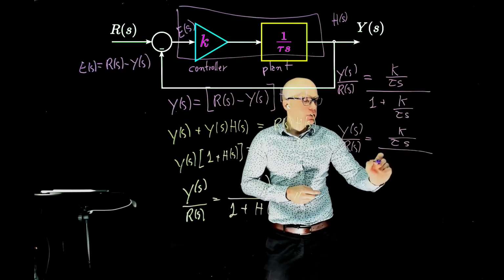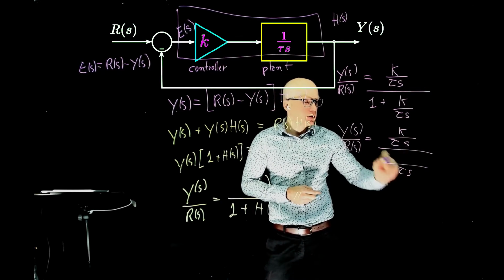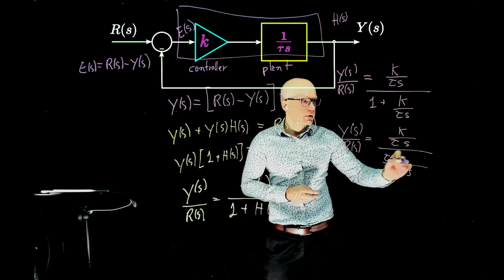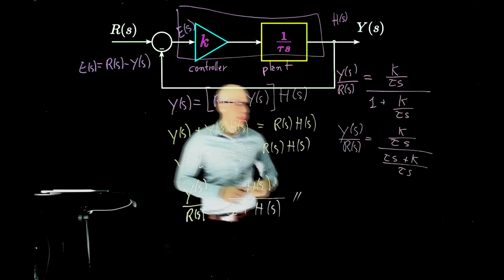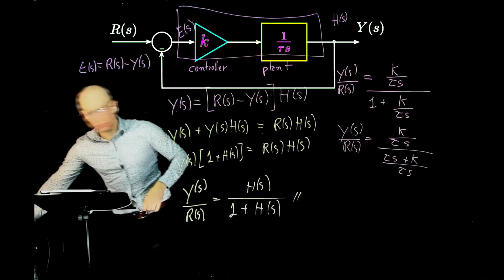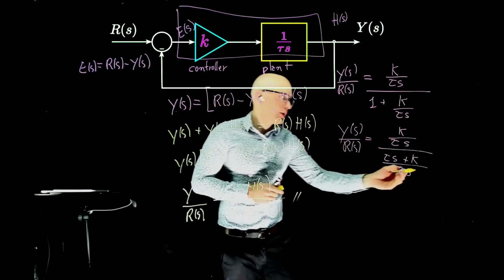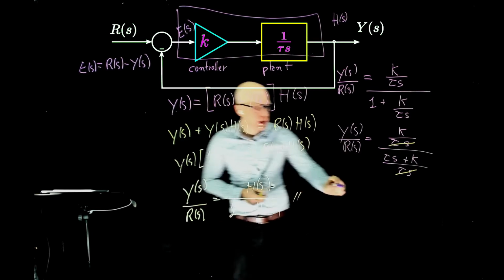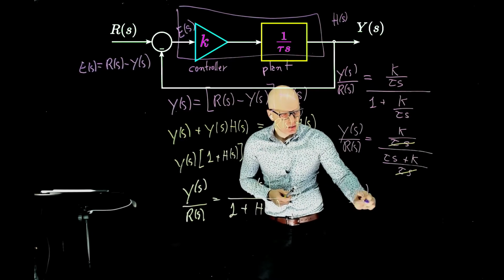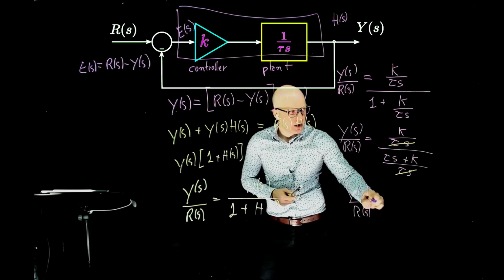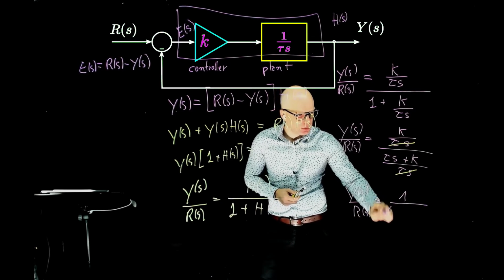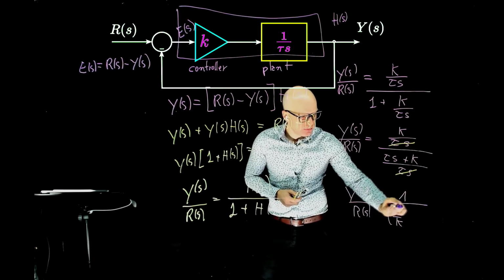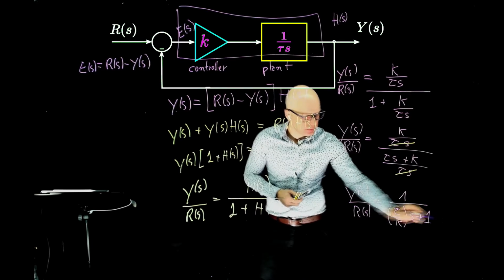The common denominator here is tau s. So we have tau s plus k. This tau s here cancels out. And if we divide both the numerator and the denominator by k, we have 1 over tau over k s plus 1.